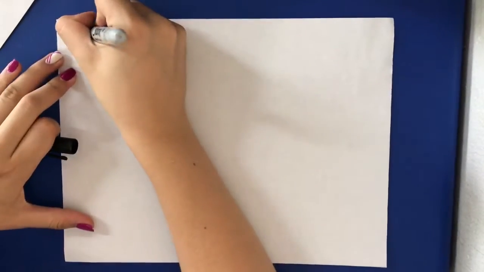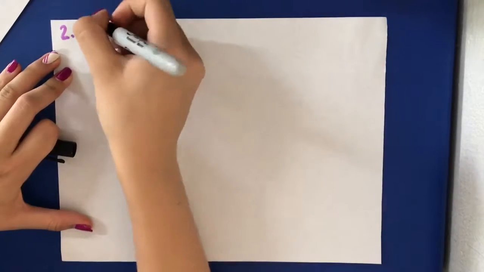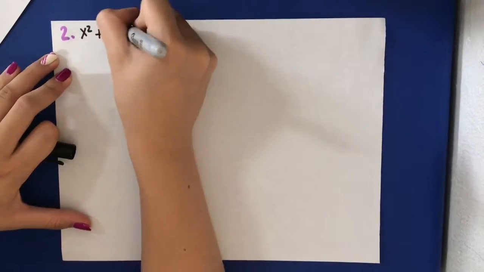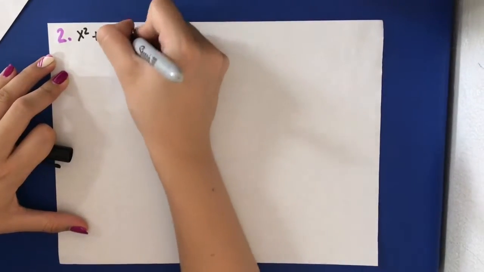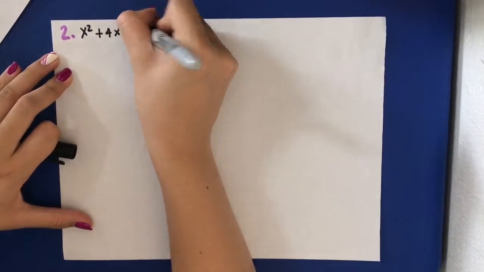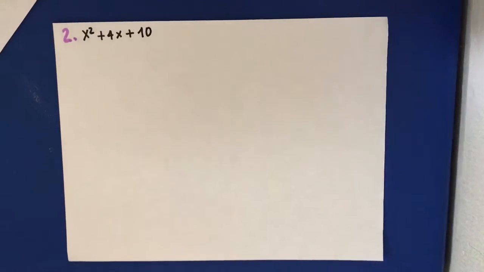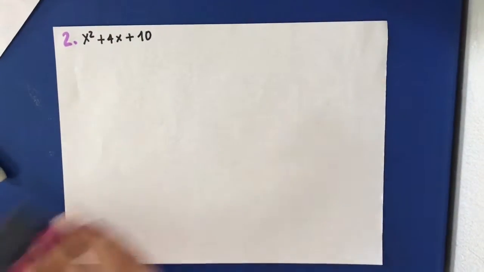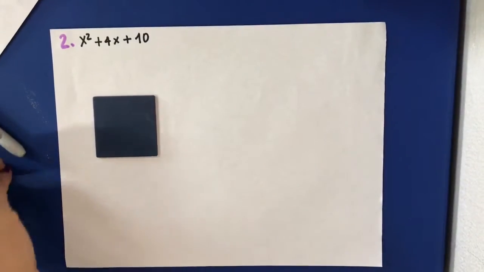In our second case, we would look at the equation x squared plus 4x plus 10. First of all, we place our x squared tile, that is x on one side and x on the other.